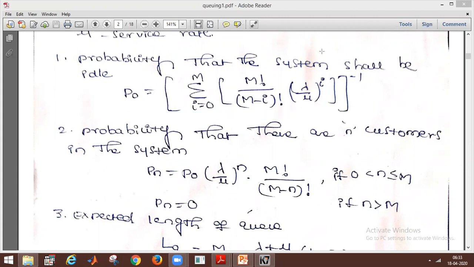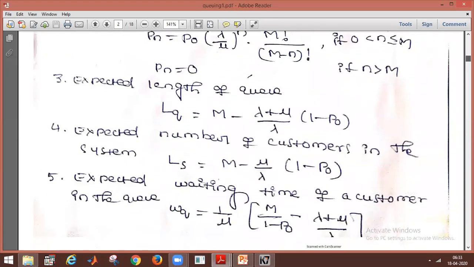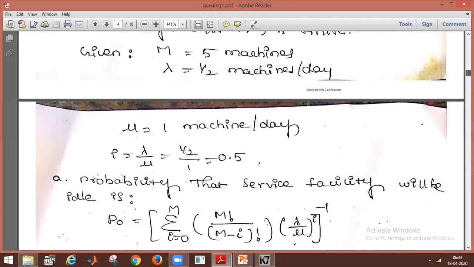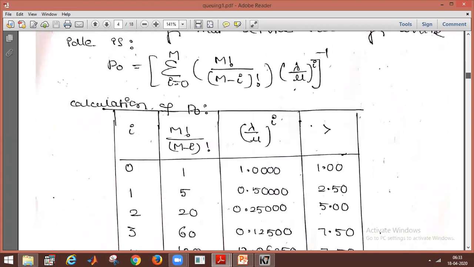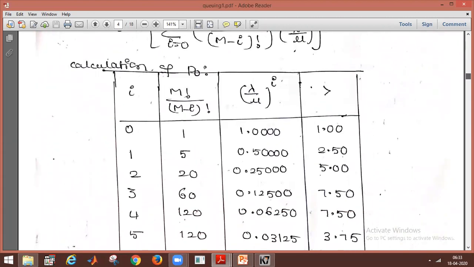Here lambda and mu indicate the arrival and service rates. Substitute m is 5, the source parameter, with I from 0 to 5. Here m factorial by m minus I factorial is 5 factorial by 5 factorial, and lambda by mu whole power I is 0, which gives 1.